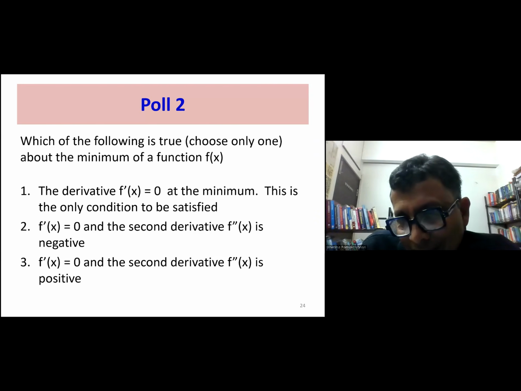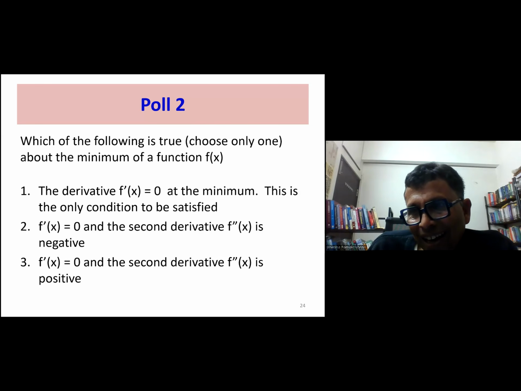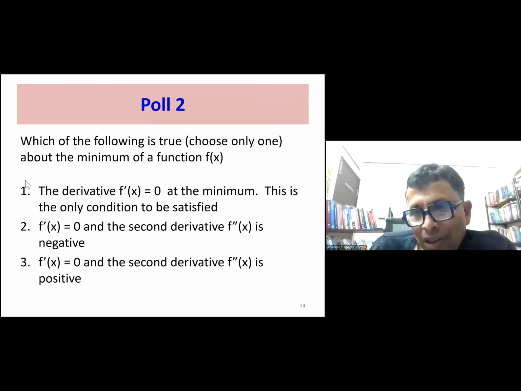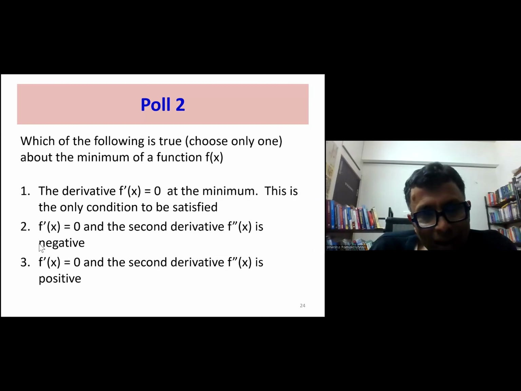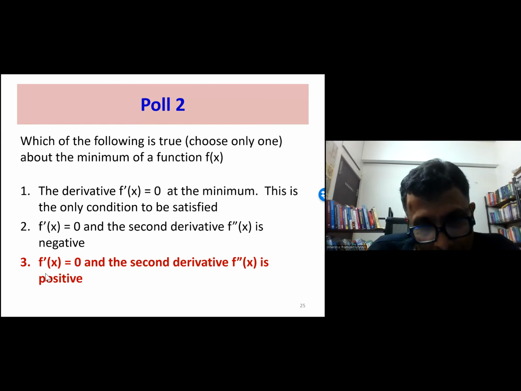All right, let me stop this. Which of these are true? Is one true? Three is the only one that's true, correct? You're right. You want the derivative of the function to be 0 and the second derivative to be positive.